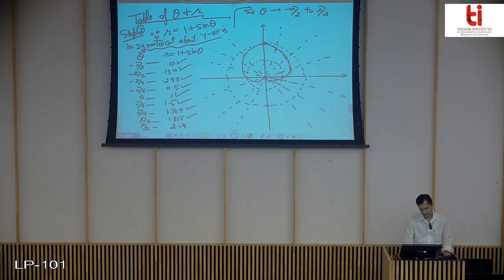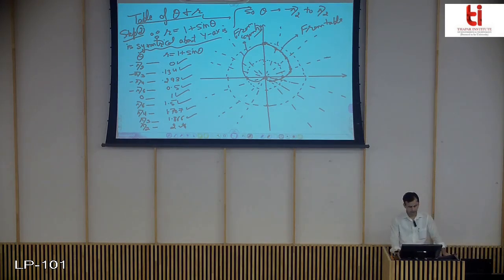This completes your graph. This part is from the table, and this part we draw using symmetry about the y-axis. So this completes your graph of r equals 1 plus sin theta.